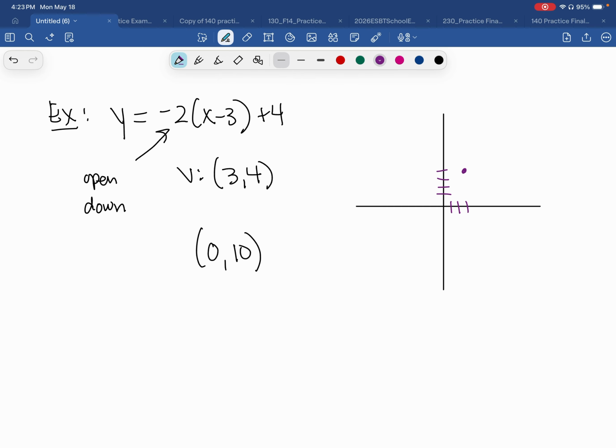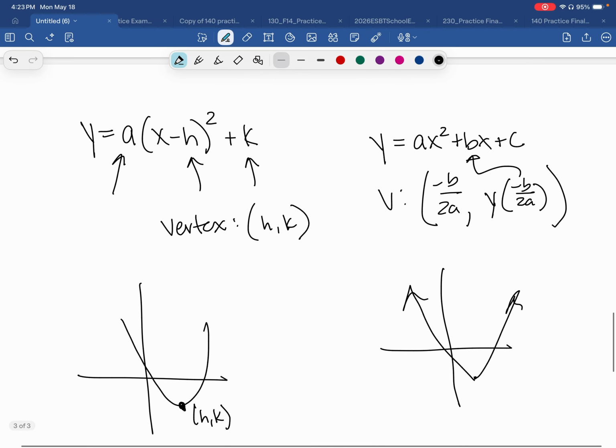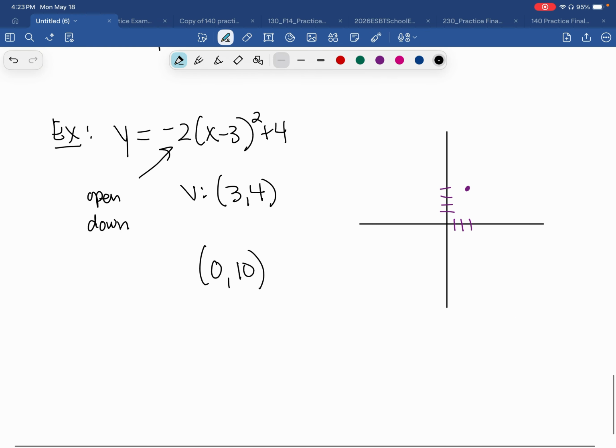Negative 3 times negative 2 is positive 6 plus 4. Oh, wait, I'm sorry. There's a square in there. That's what we want, the format has a square. Sorry. I was like, why are my numbers not matching up?